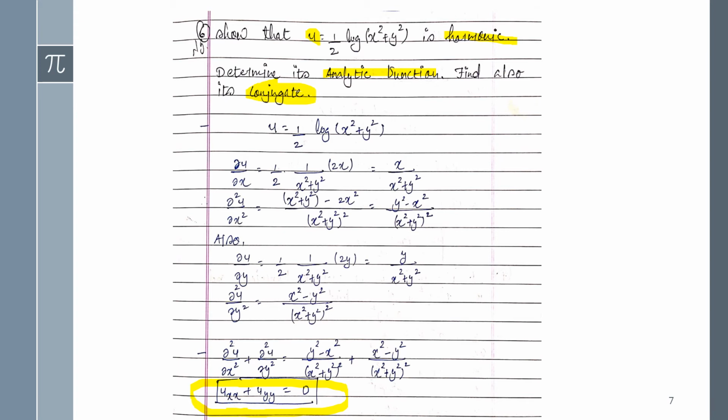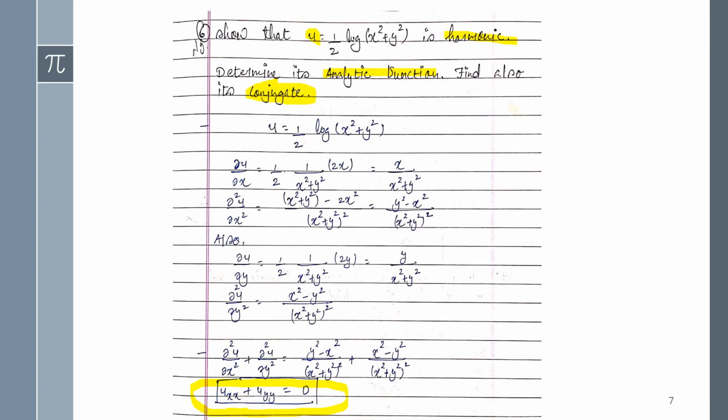So now starting with the harmonic. For this, as I said, you have to find all these components, that is, the second derivative of u with respect to x as well as with respect to y. Okay, so I'm finding here u with respect to x, and again u with respect to x. So doing the differentiation, then again you have to do the same procedure with respect to y.